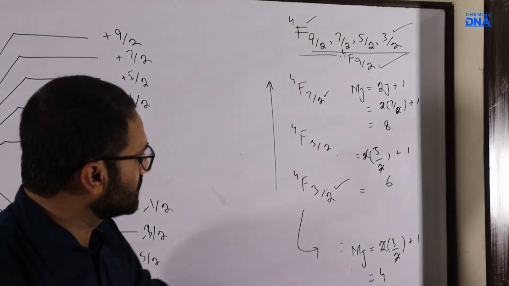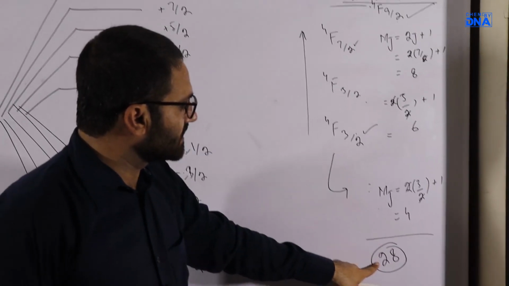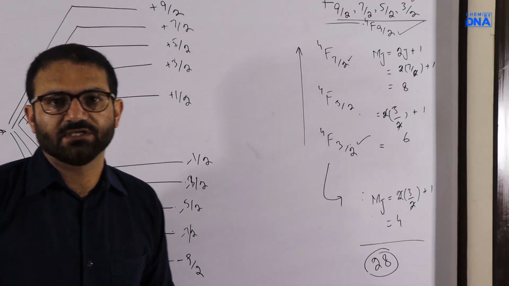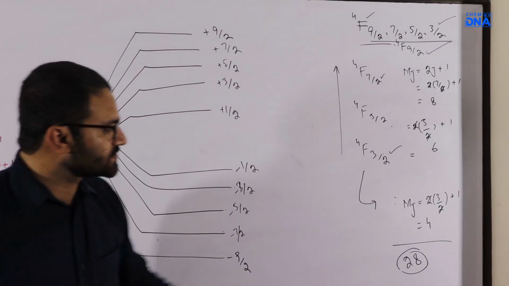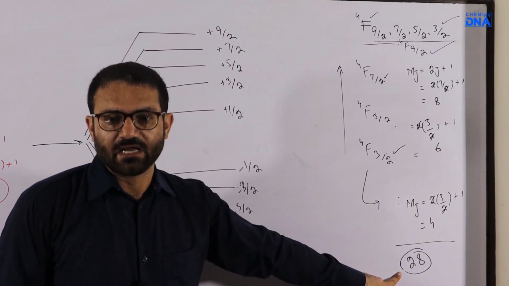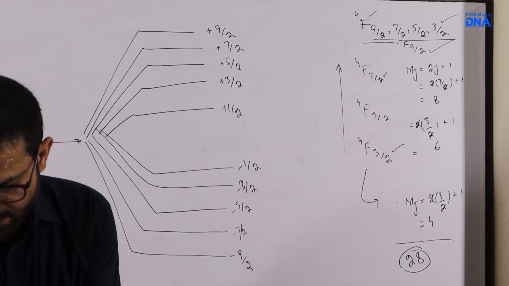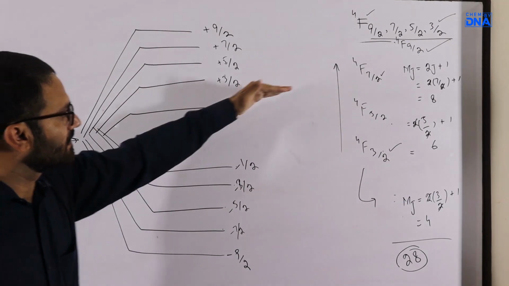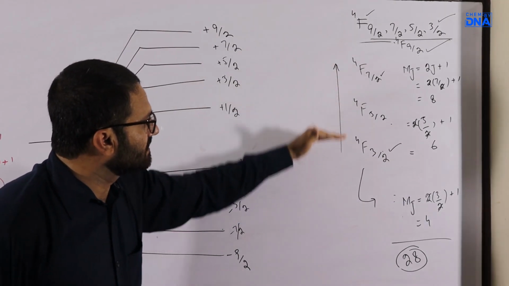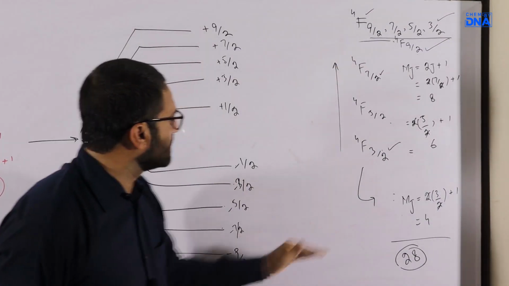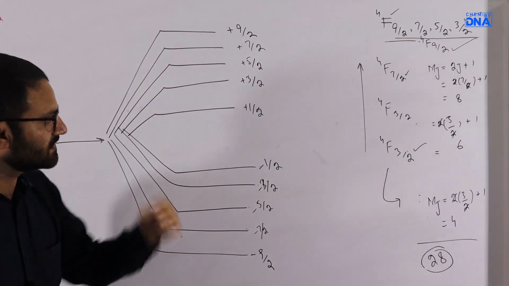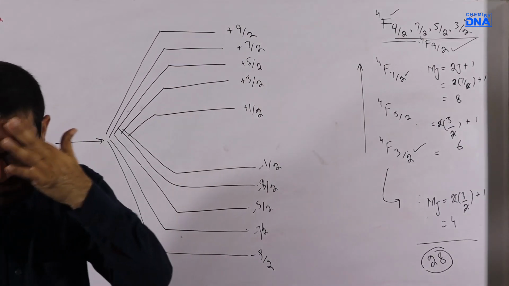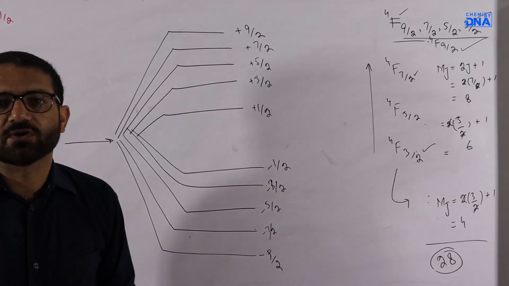and you can conclude that these 28 patterns are actually due to the strong magnetic field. This pattern of multiplicity will also be drawn in this form, and this pattern of multiplicity is actually due to spin orbit coupling.